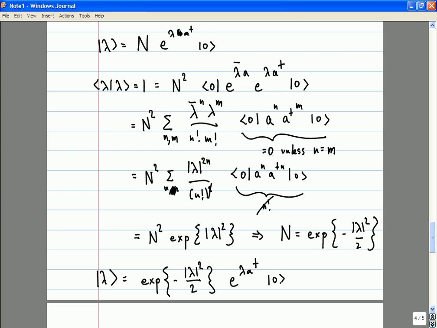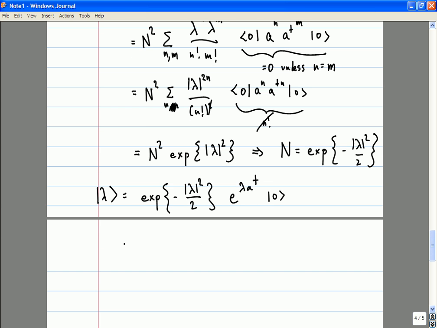Or, if we wish to write this out explicitly in terms of the eigenstates of the number operator, it's the exponential of minus lambda squared over 2 times the sum over n of lambda to the n divided by the square root of n factorial times the nth number operator eigenstate.